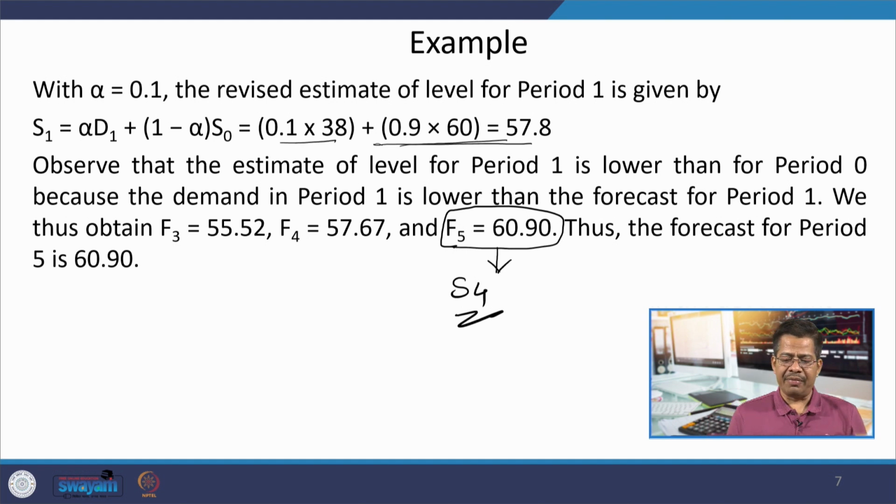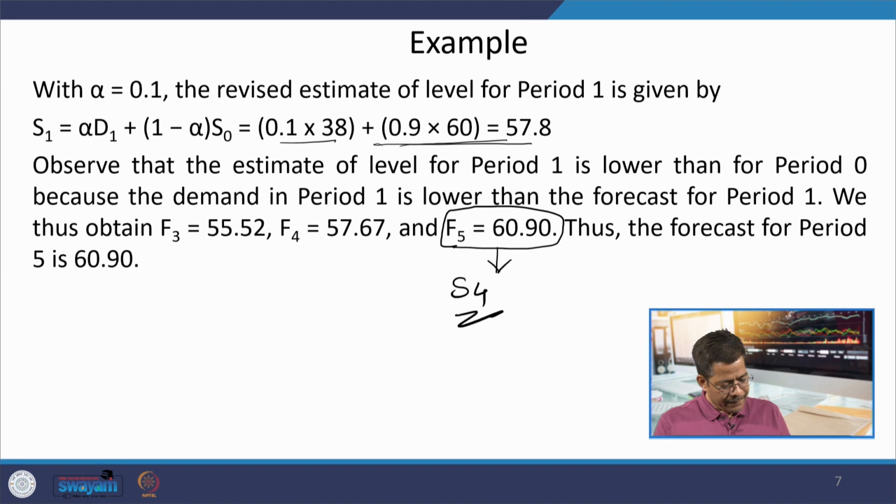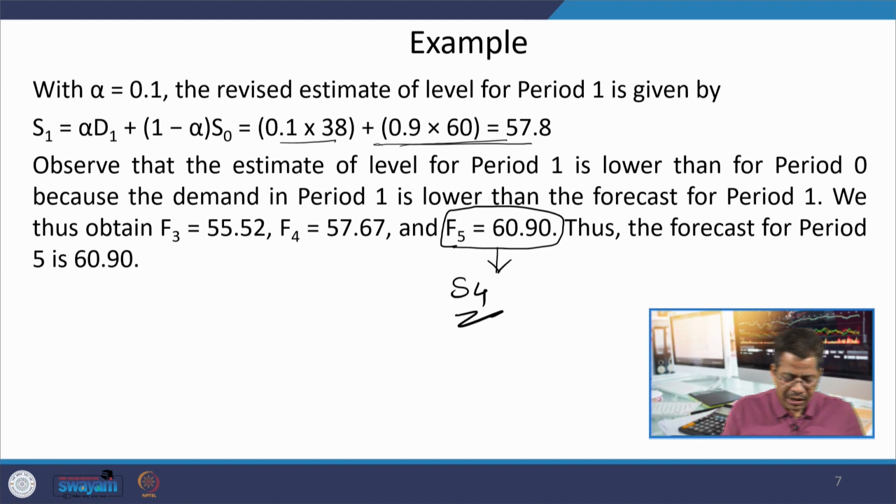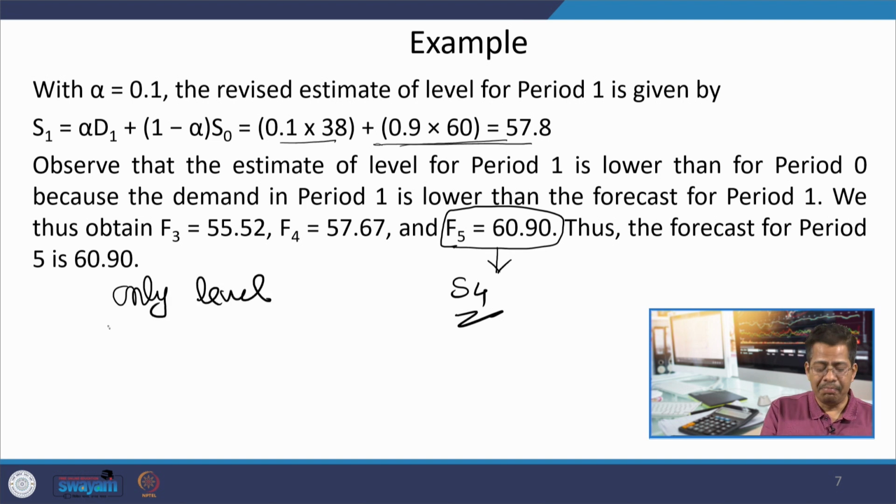After understanding this exponential smoothing method, it is also important to understand that exponential smoothing is possible in a variety of ways. For example, in this particular case we used only level, but you can use level and trend also.